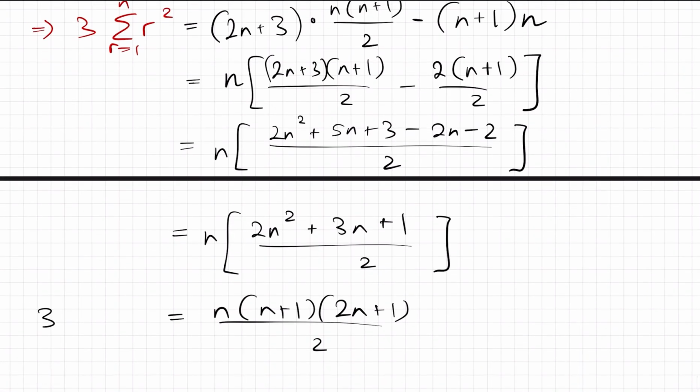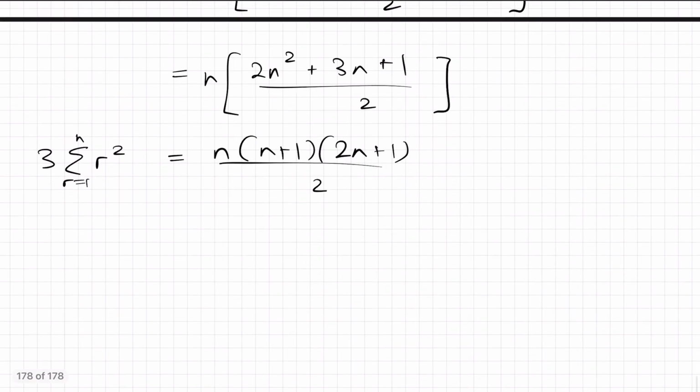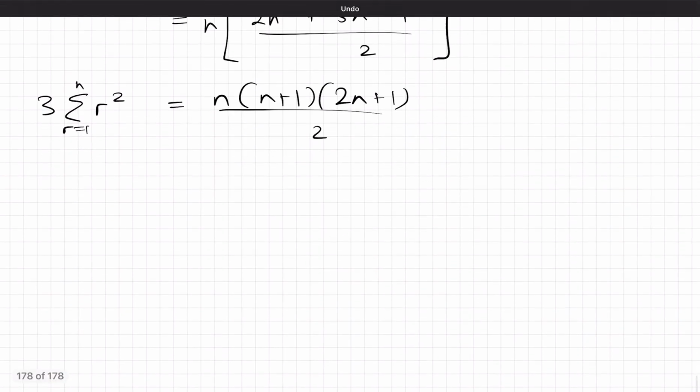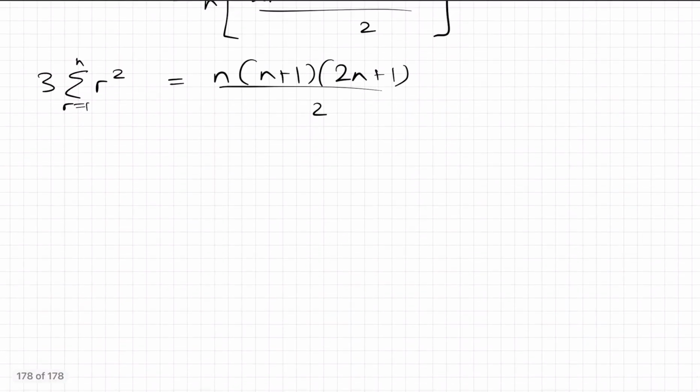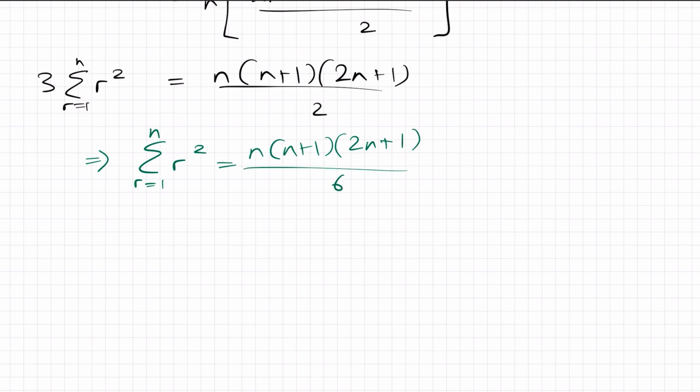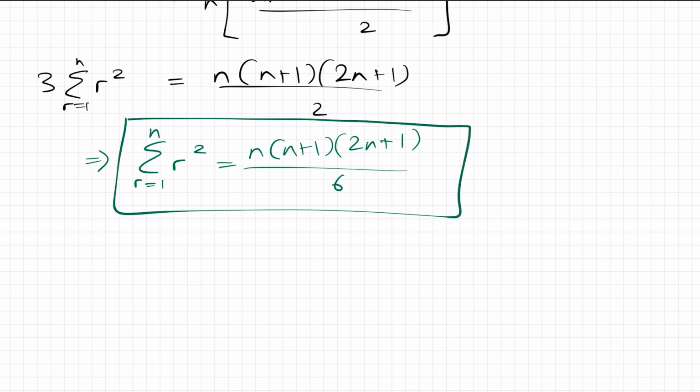So 3 times the sum which we're looking for is equal to what we have on the right-hand side, which ultimately, if we divide everything by 3, we get the sum of squares is equal to n plus 1, 2n plus 1 over 6. There we go. And that's proved what we're trying to prove.